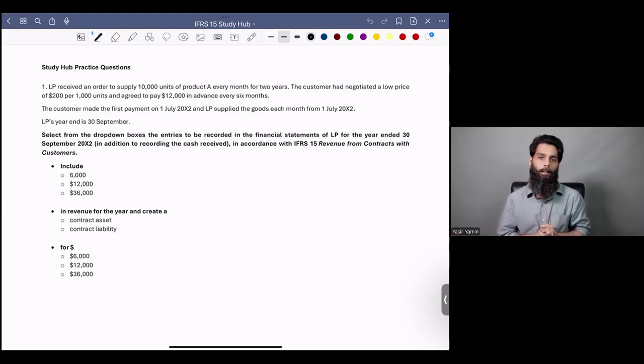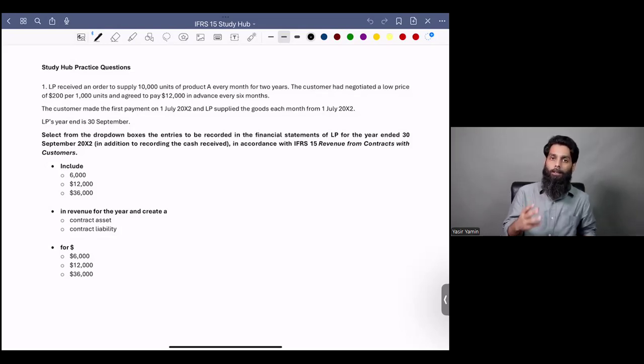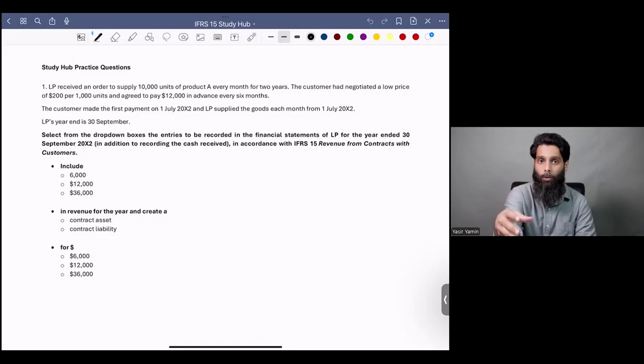Now, the variable part of consideration should also be made part of the transaction price until you feel that there are more likely chances that the entity will not be achieving this variable consideration. Make sense? Furthermore, IFRS 15 also said that whenever you are dealing with transaction price, you also make sure that the transaction price represents the fair value of the good or service that is being transferred to the customer.